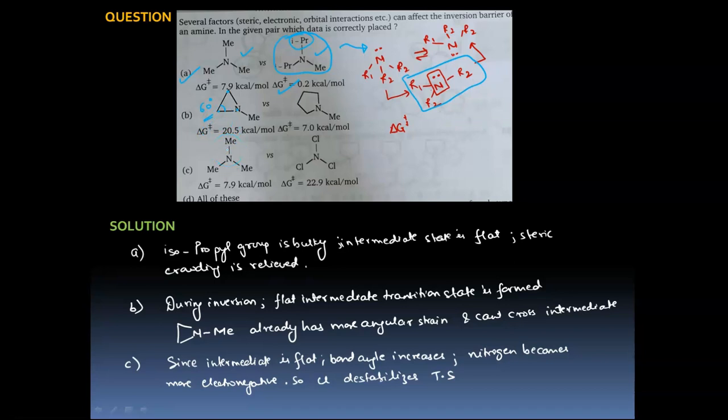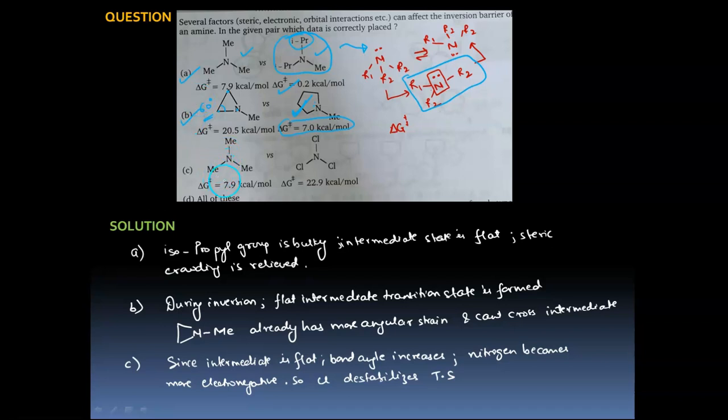So angular strain was already high in the substrate, and then the intermediate state requires an angle of 120, so that strain actually increases. Better would be the right one, where you have a 5-membered ring, and the angular strain which arises can be accommodated over a larger chain. Therefore this delta G should be less. So B is also correct.